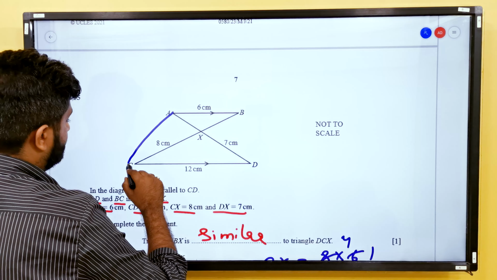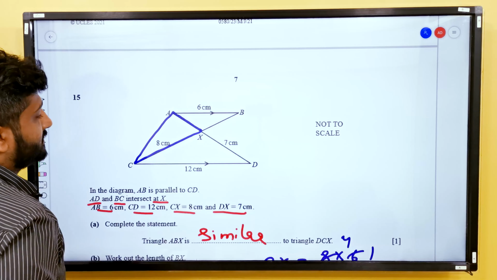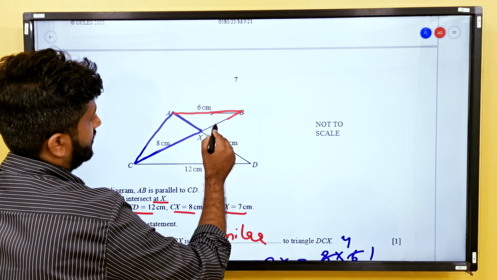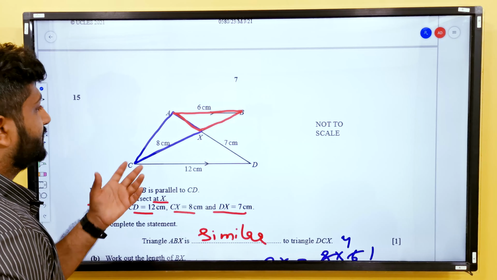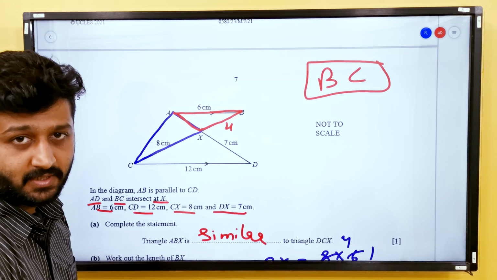This is going to be my triangle ACX, okay, and this is my triangle ABX. As you can see, BC forms the base of triangle ABC, right? And we have already found out BX is equal to 4 centimeter.